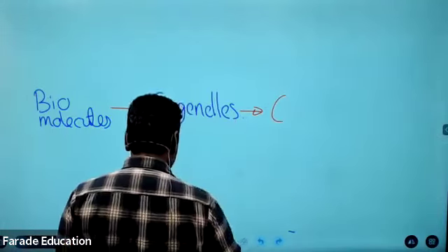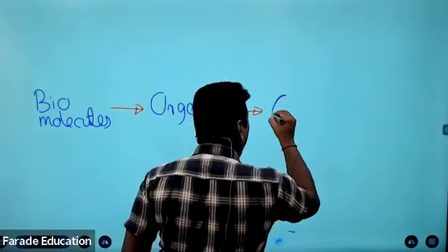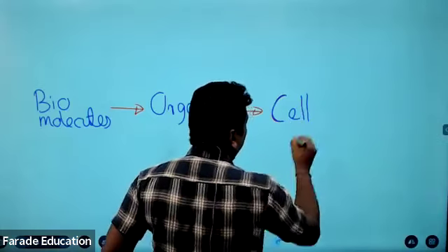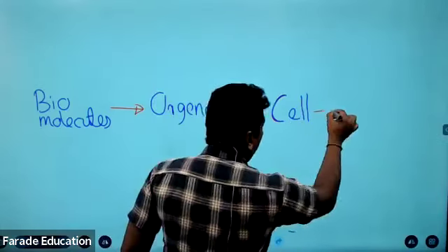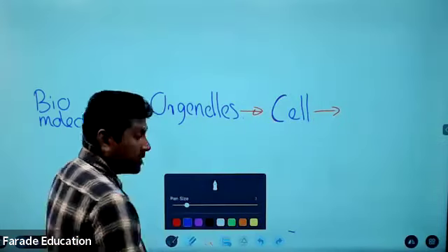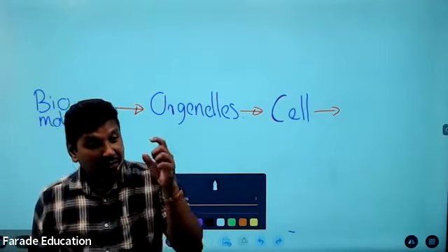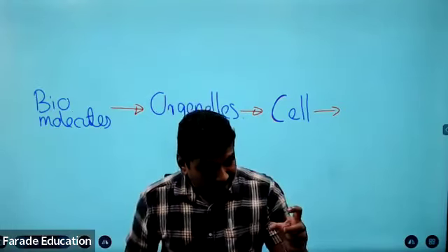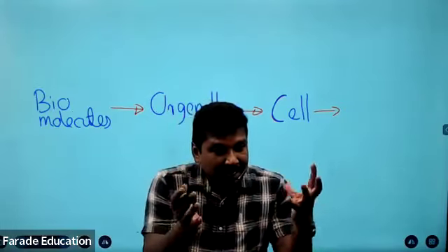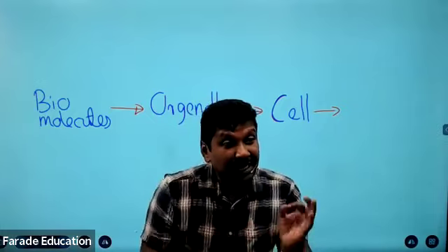So, cell. Cells get together and, having one common function, they make a multicellular structure called tissue.